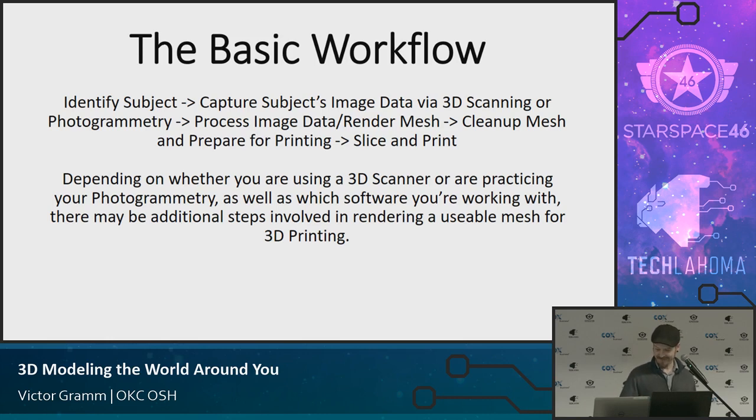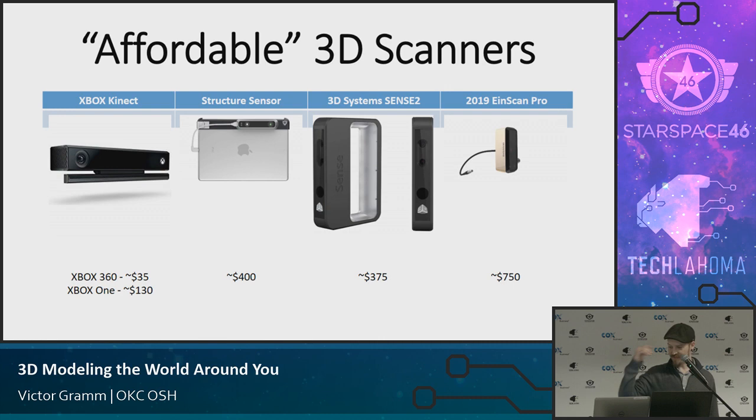So, lucky you. Here are some of the more affordable 3D scanners that are currently on the market. I brought in my Xbox 360 Kinect that I've made to work by means found on the internet. The Xbox One Kinect is a higher resolution camera, so it's obviously more expensive.